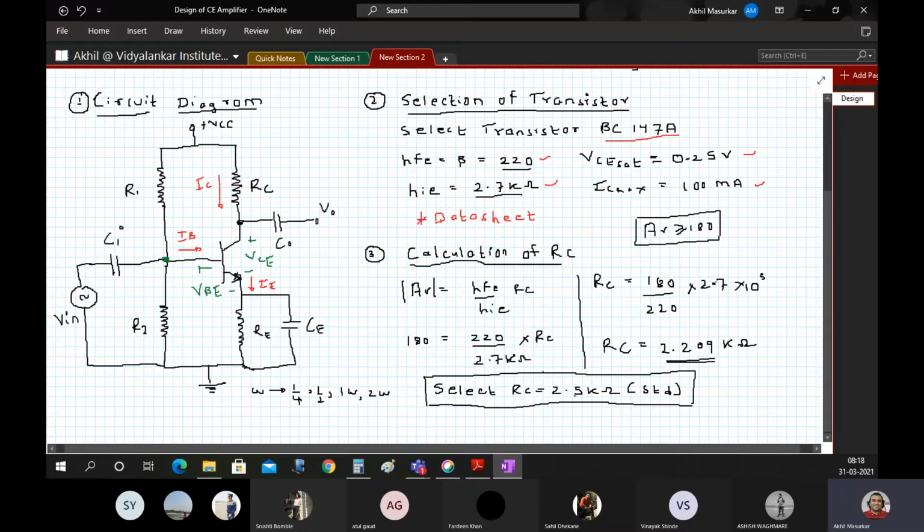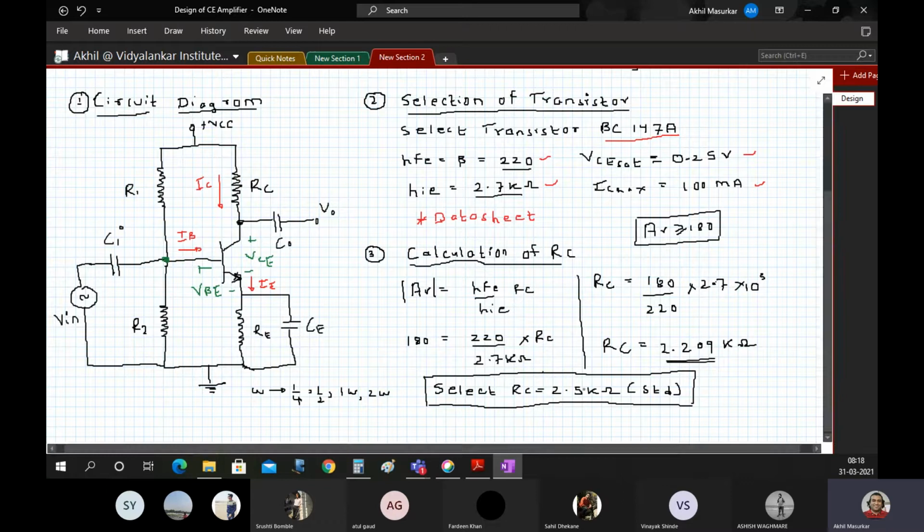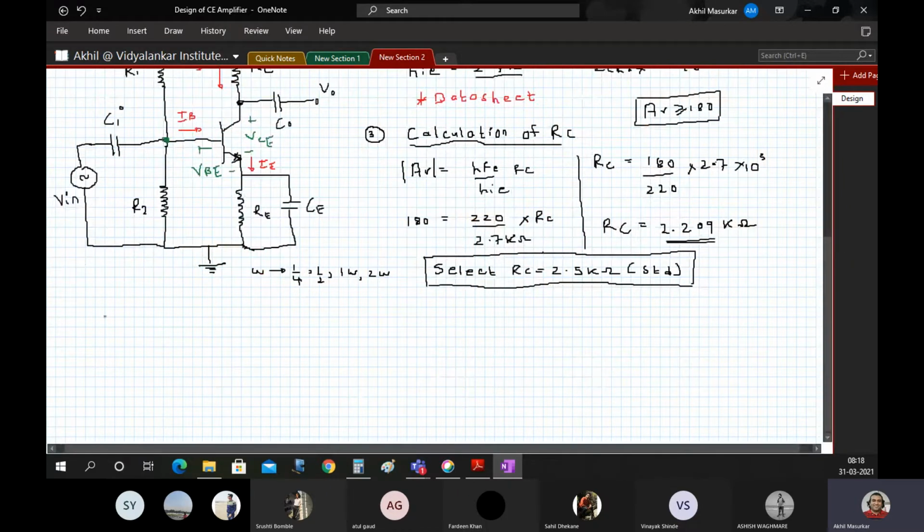To decide the wattage rating, that is the power rating, I should either know the voltage across the resistance or the current flowing through the resistance. Current and voltages can be calculated with the help of the Q point. So the next step in calculation is going to be the calculation of Q point.